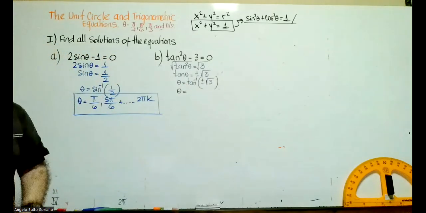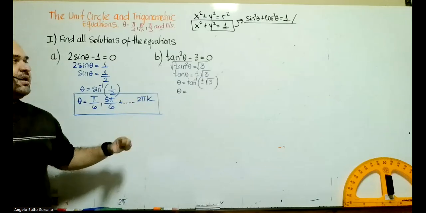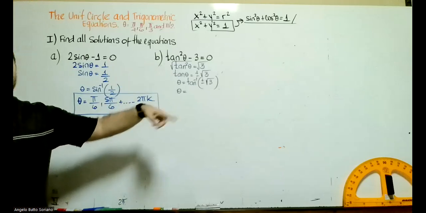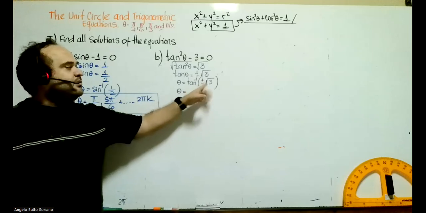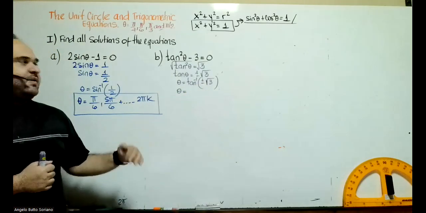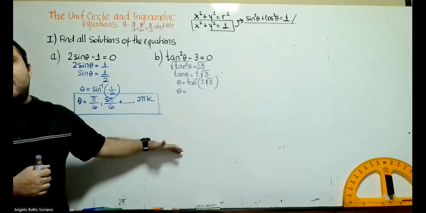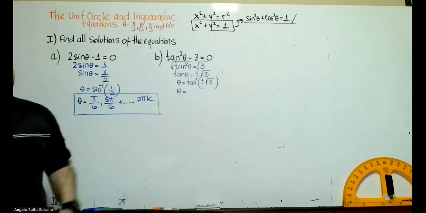And what could those angles be? Those angles will be located in the entire unit circle, because we have to include the quadrants where tangent is positive and where it is negative. Tangent is positive in the first and third quadrant, and negative in the second and fourth quadrant.